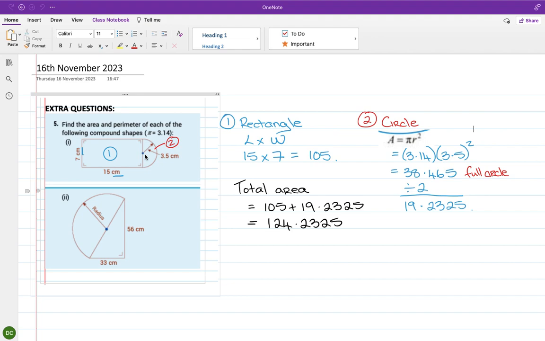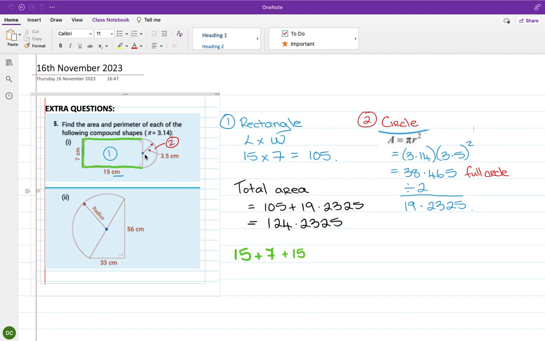The perimeter. So the perimeter of the shape, because they're stuck together, it makes it a little bit harder. Okay, so I have this bit, which is 15. Then I have this bit, which is 7. Then I have this bit, which is 15.